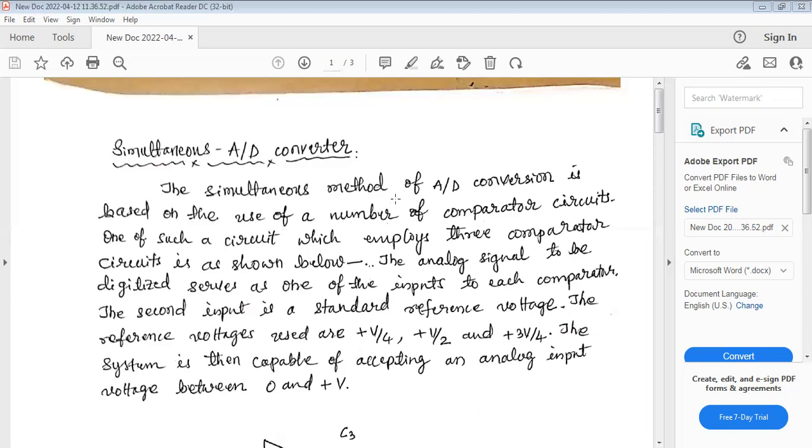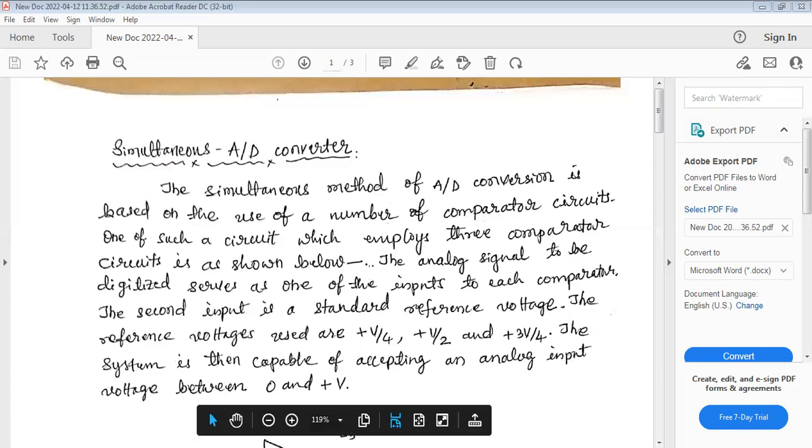The simultaneous method of analog to digital conversion is based on the use of a number of comparator circuits. This comparator is an op-amp based electronic circuit that is used to compare the strength of two signals. One such circuit which employs three comparator circuits is as shown below.